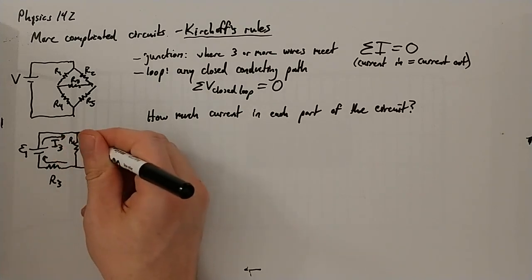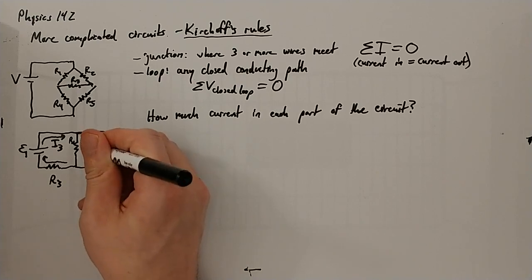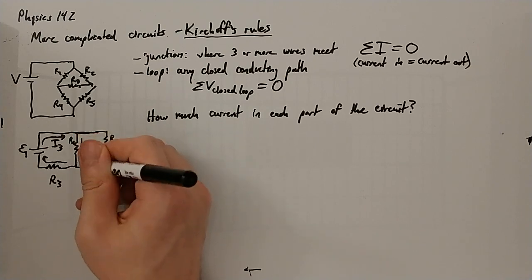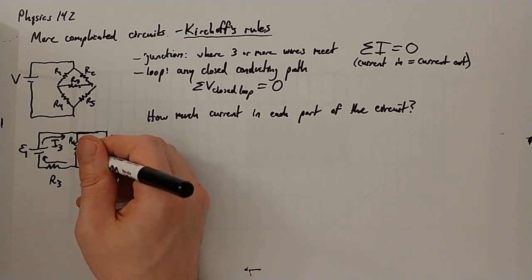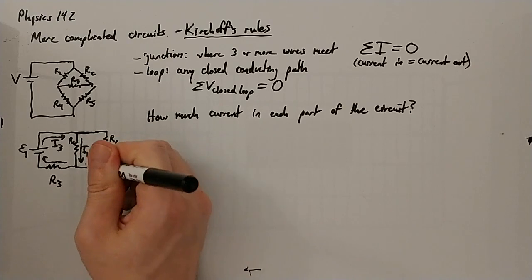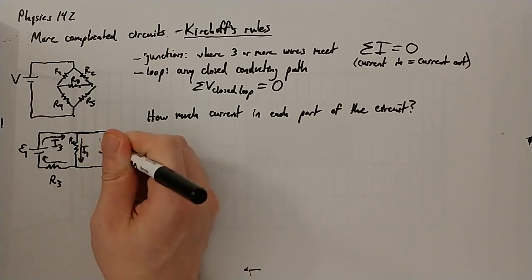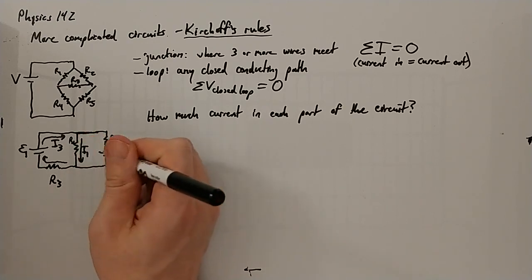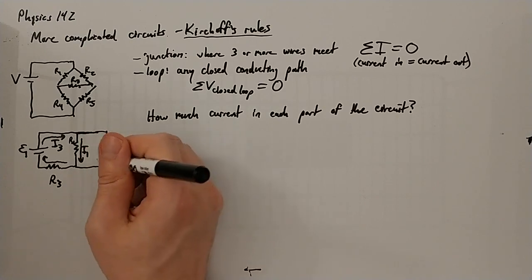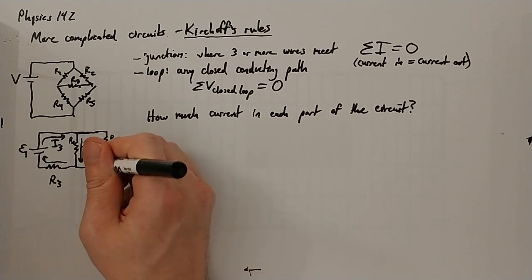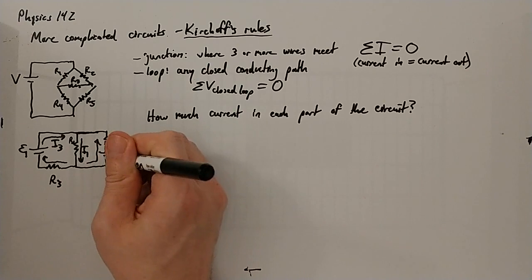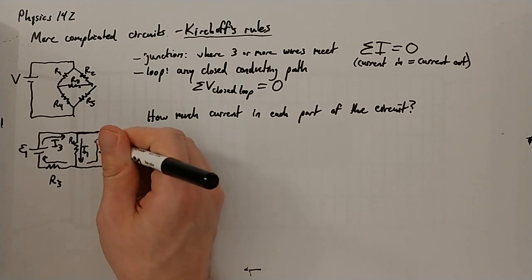Whereas then it splits, and you might get a different amount of current flowing here, and a different amount flowing here. I'll call that I1, because that will be the amount of current going through resistor 1. But then over here, after this split, we might get a different amount of current yet. We don't actually know what direction it flows, but let's say this battery pushes the current in this direction.